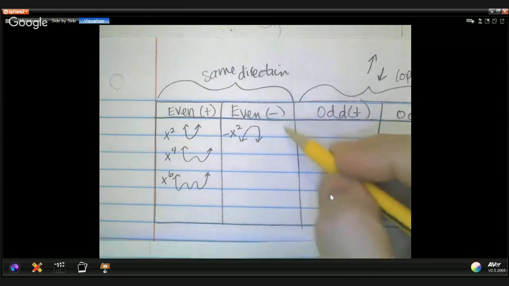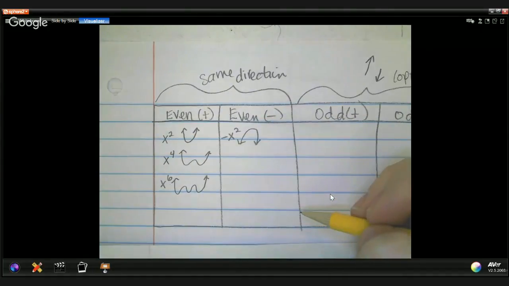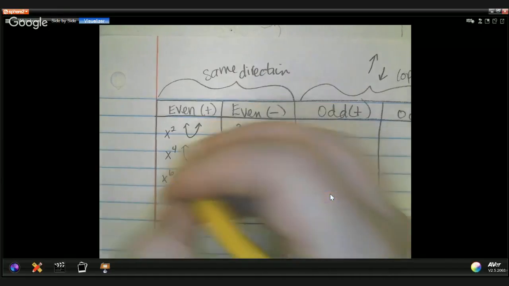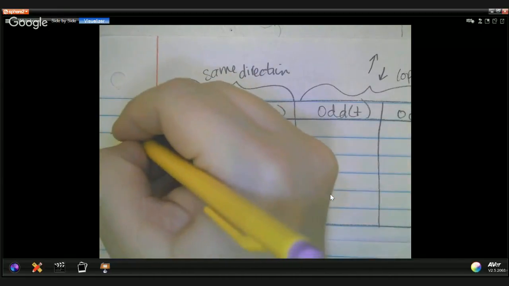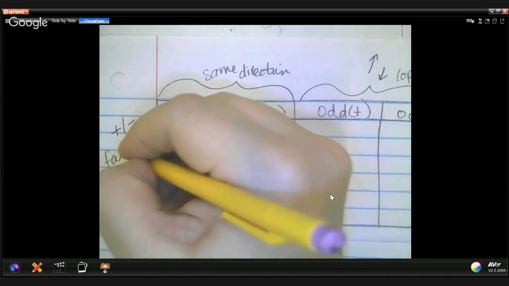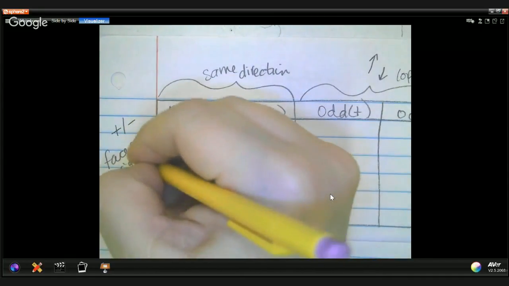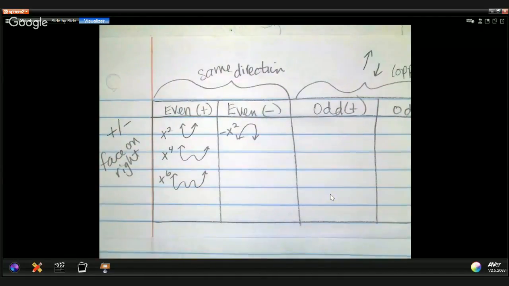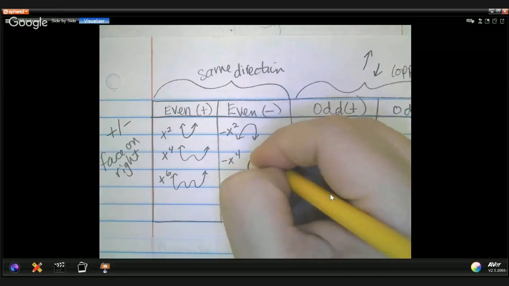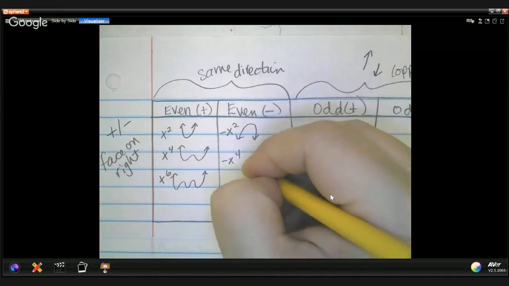And again, the positive or negative is which way you face at the end. So on the right, where do you face? Okay? So positive and negative, it's where you face on the right. Which direction is the arrow facing on the right? So if this is a negative x to the fourth, 1, 2, 3, 4.